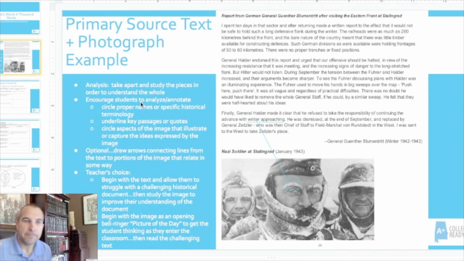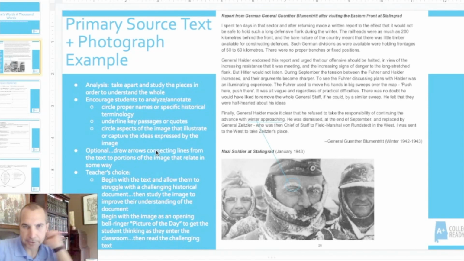And then by putting the textual and the image sources together, we get an even better understanding of the event that we're looking at. So again, you could give the textual document first and allow students to struggle with it a little bit, because it's going to be a primary source in many cases.